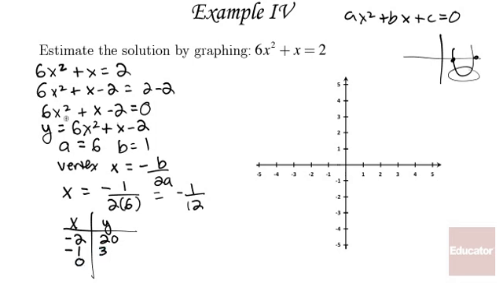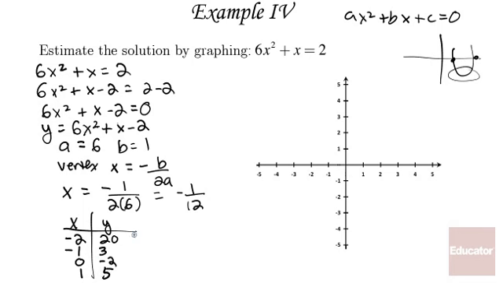When x is 0, these two drop out, and y is negative 2. When x is 1, 1 times 1 is 1, times 6 is 6. So 6 plus 1 is 7, minus 2 is 5.